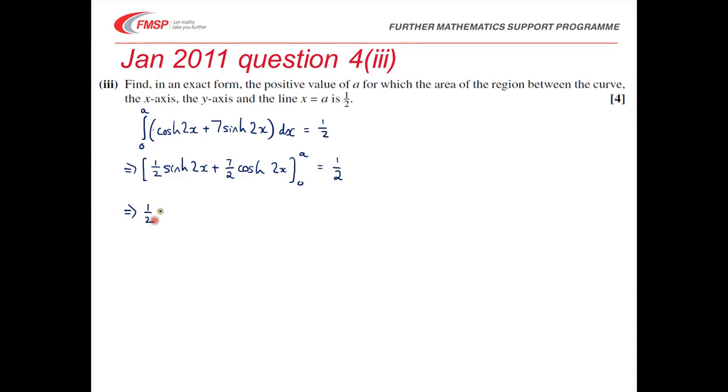So a half sinh 2A plus 7 over 2 cosh 2A minus, if x is 0, then sinh 0 is 0, and if 2x is 0, then cosh of 0 is 1. So that's plus 7 over 2.